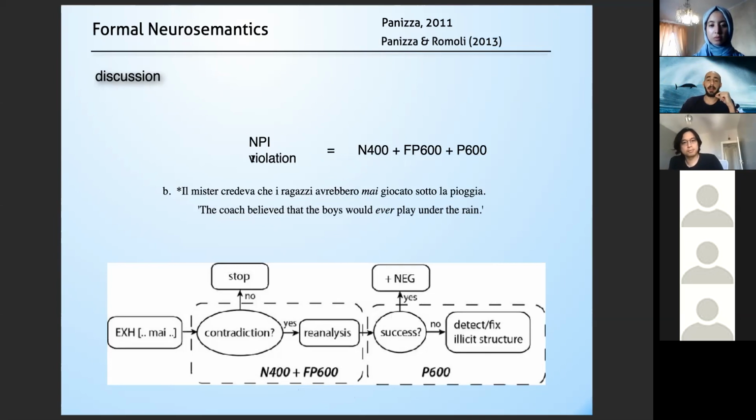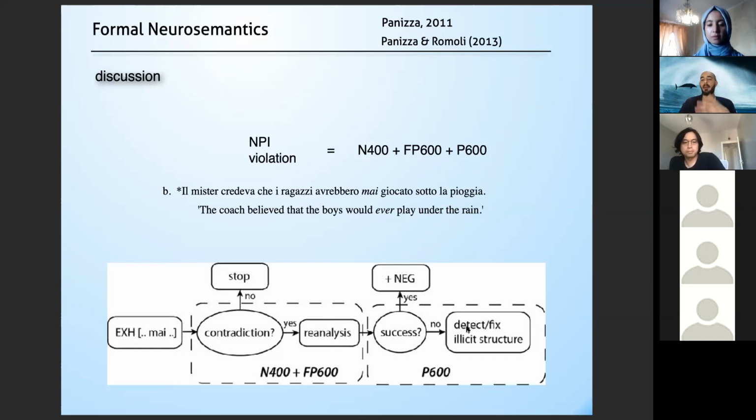However, if you have a real NPI violation, you try to fix this problem, but you don't get any success because the rules of your language do not allow you to add a negation if mai occurs post-verbally, okay? So there is no way you can fix this.